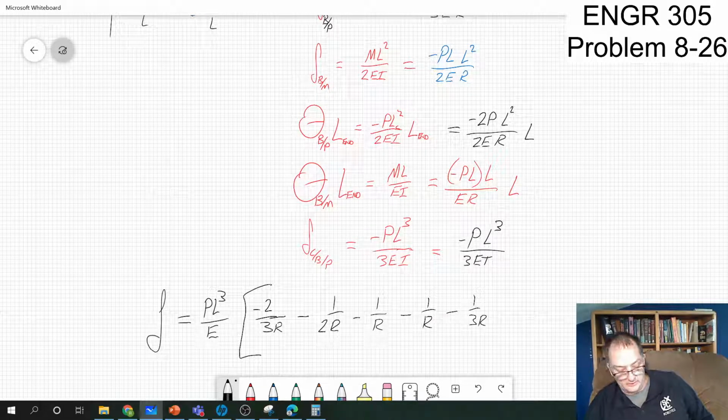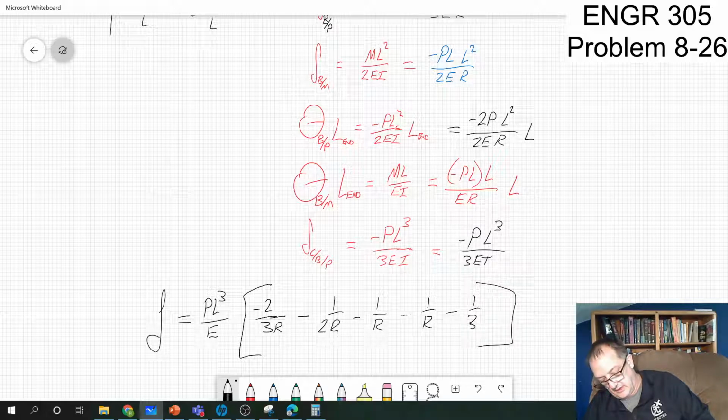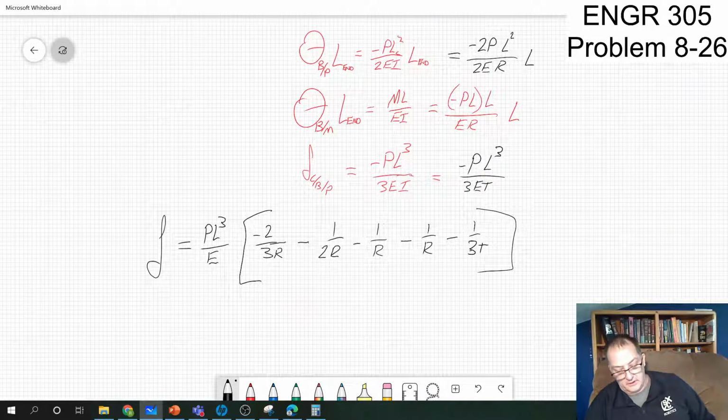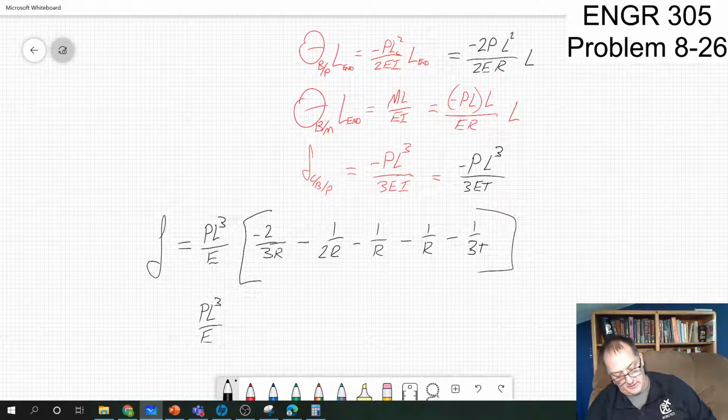PL cubed, PL cubed, PL cubed. Oh, sorry, it's not an R, it's I. So I am going to substitute in a 2I for R. I'll put the I out front.